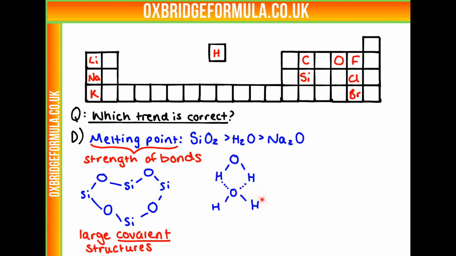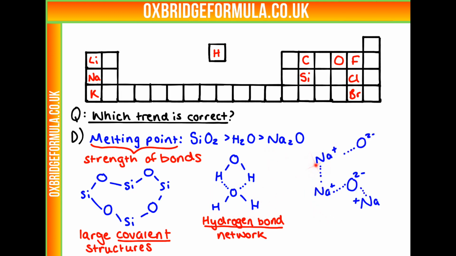Next, if we look at water, we should know that water can hydrogen bond with other water molecules, so it forms a big hydrogen bonded network. And then for our sodium oxide, these are all ions, so each ion is bonded to other ions and forms a large ionic lattice. So we have covalent bonds, hydrogen bonds, and ionic bonds. But which ones are the strongest? Well, covalent bonds are definitely the strongest.